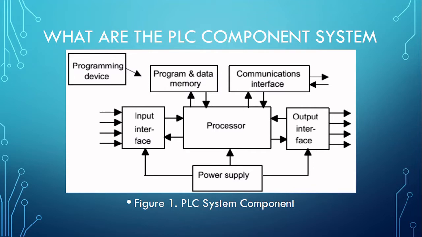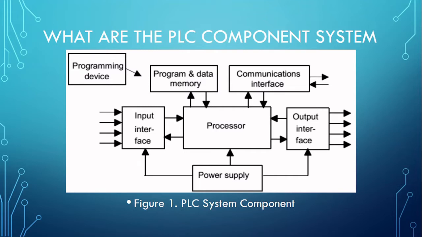So what the processor does basically is to look at the signals from the input devices connected to the input interface, and whatever corresponding action needs to be done based on the instruction in the memory of the PLC, such signals are transmitted to the output devices.